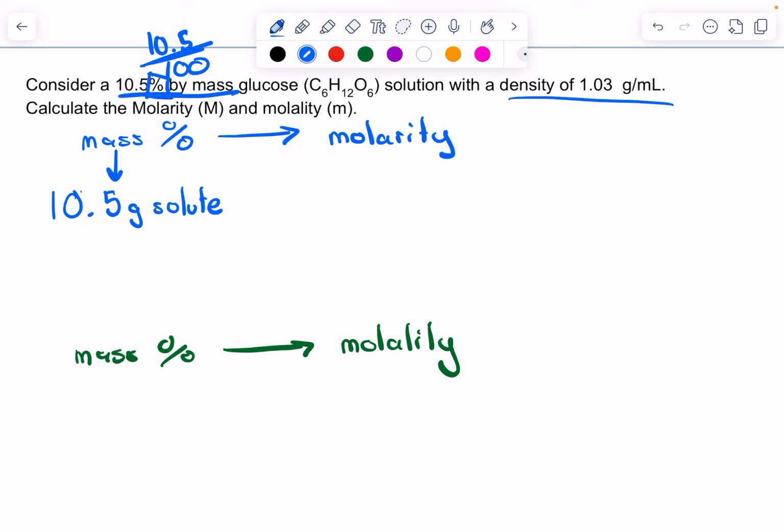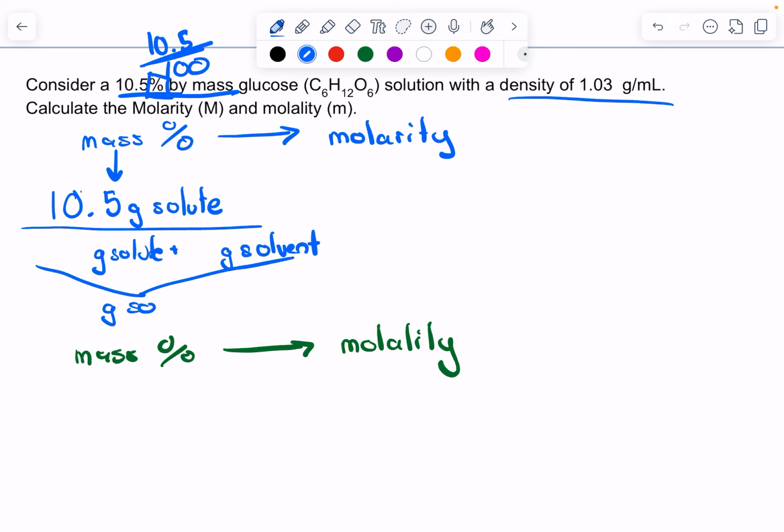Now, if you remember the definition of mass percent, it's grams of solute over grams of solute plus grams of solvent. Now, I don't have each of those individual things. This total together is grams of solution, because solute plus solvent is solution. So I know that there's 100 total grams of solution.